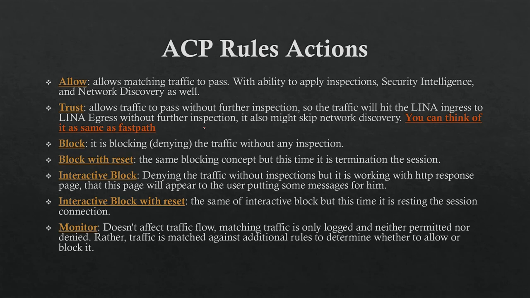Trust: no, just send it. You can consider it like the fast path in the pre-filter policy. A block is a block, blocking the traffic without any inspection, of course, because it's blocked. So why do I need to inspect it? It's blocked already from the Lina engine.